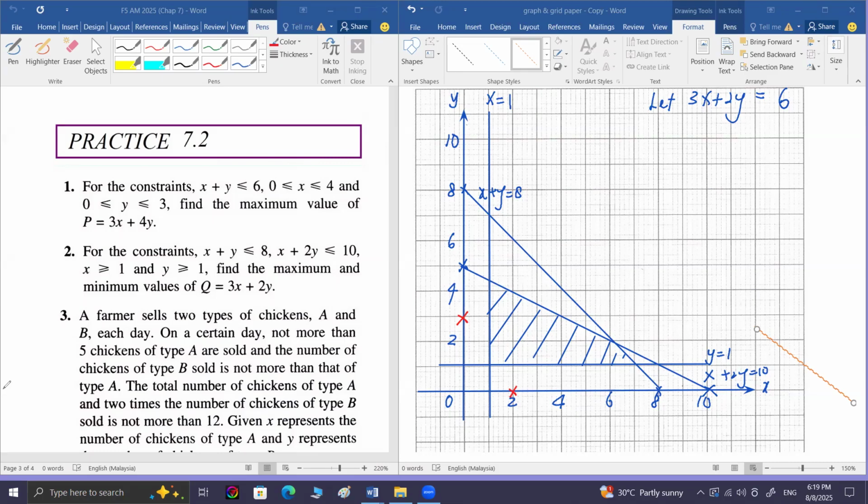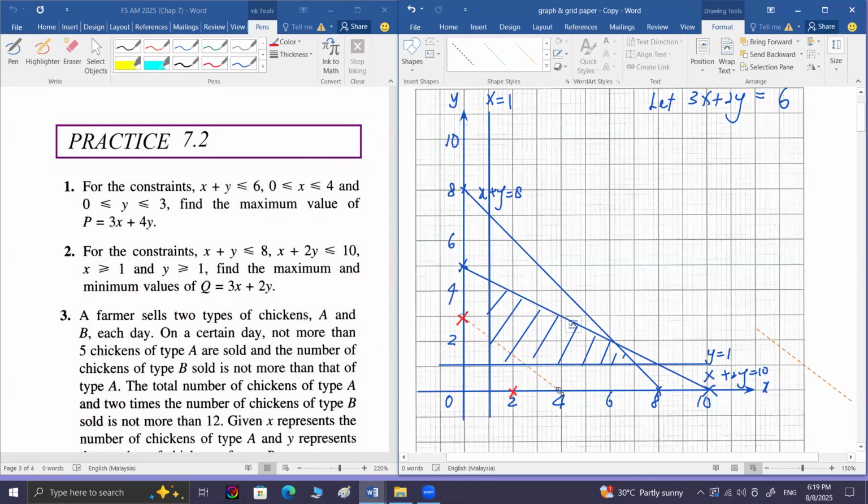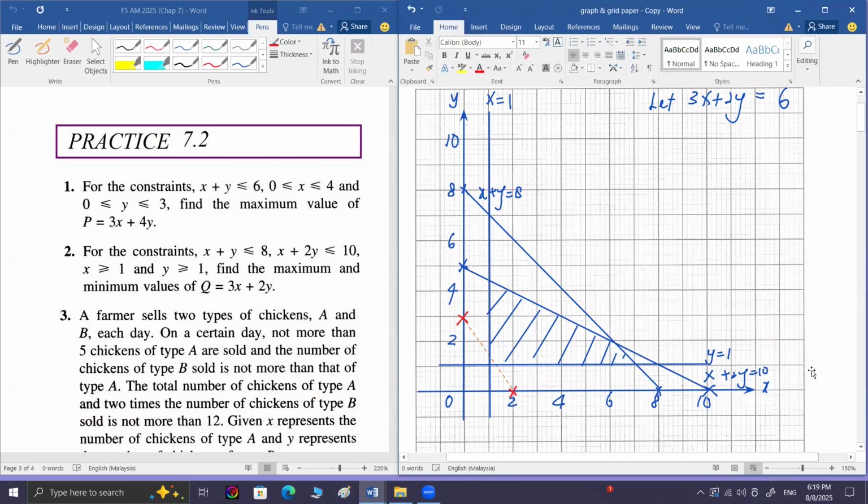So, wait, now let me see. You're asked to find both, the maximum and minimum. So I join this first, yeah? Okay, class. From this line, you want to get the maximum and minimum, same as just now.